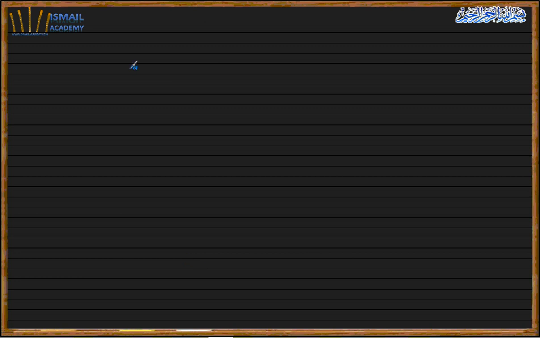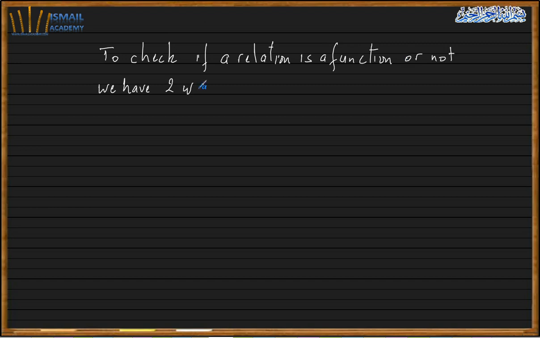So to check if it is a function, graphically, using the vertical line test.